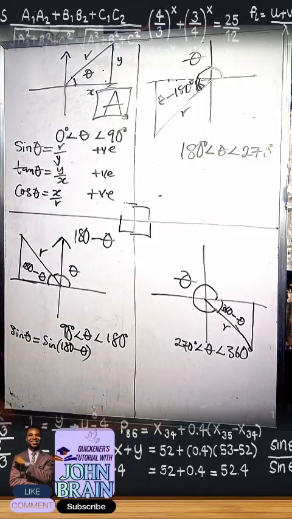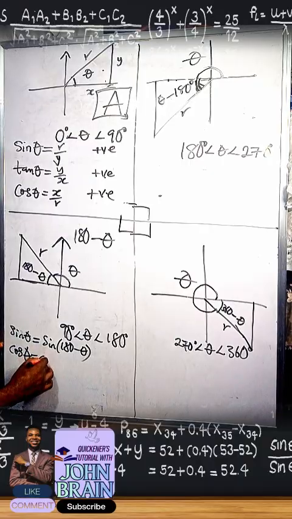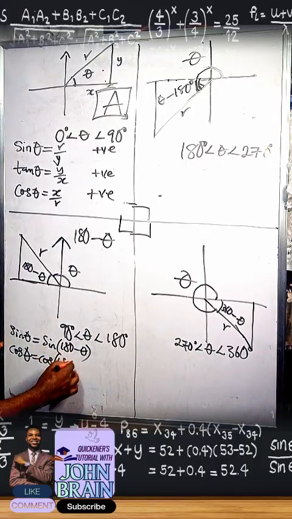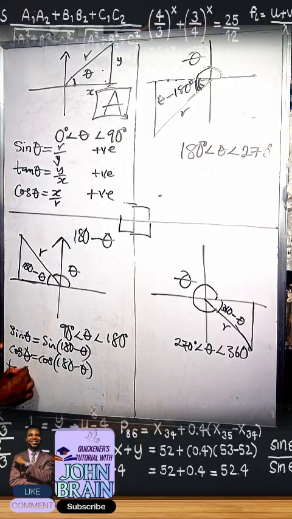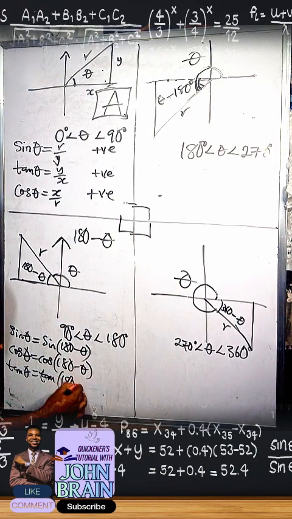The same thing for sine, cos, and tan. Are you with me? So cos theta is cos 180 minus theta. Tan theta is also tan 180 minus theta. Can you see that?